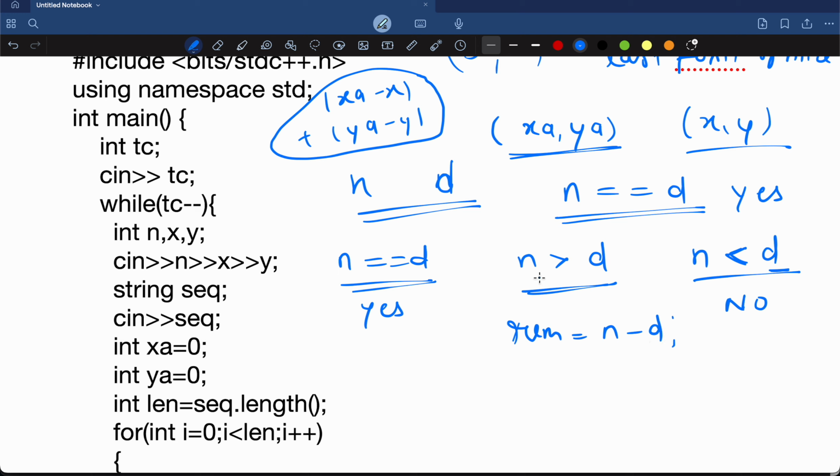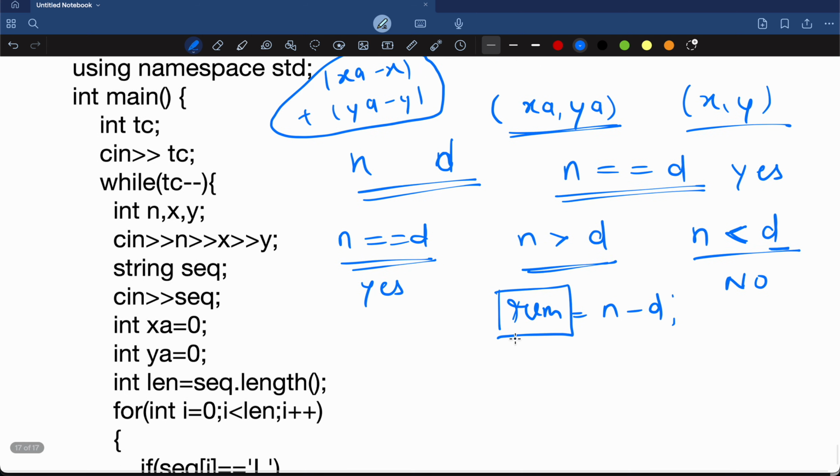After consuming d operations we will reach Bob's initial position, but there are some remaining turns, and as I told you earlier, we cannot remain still at any turn. We have to make movement, and here we need to see how these remaining moves will take us to the answer.